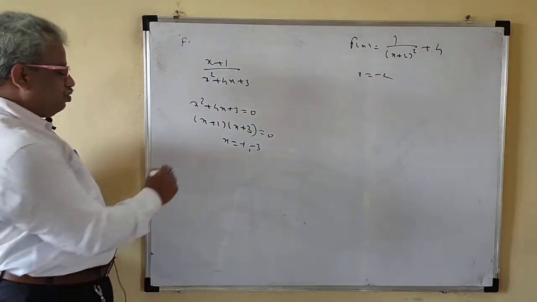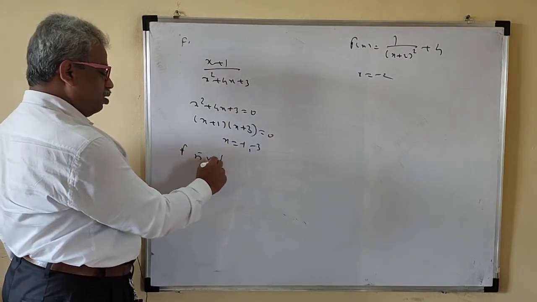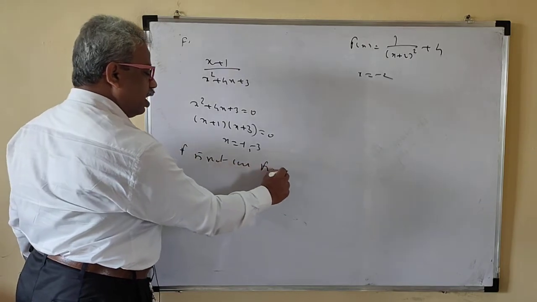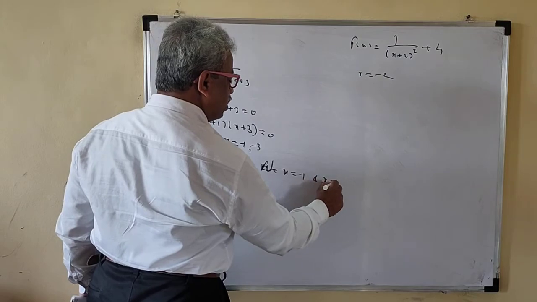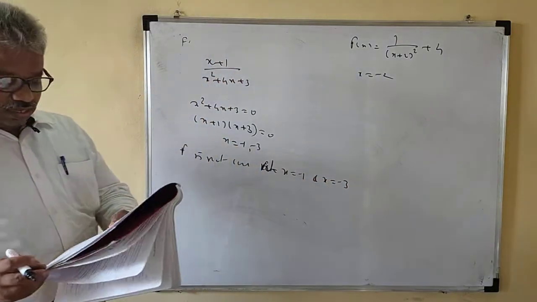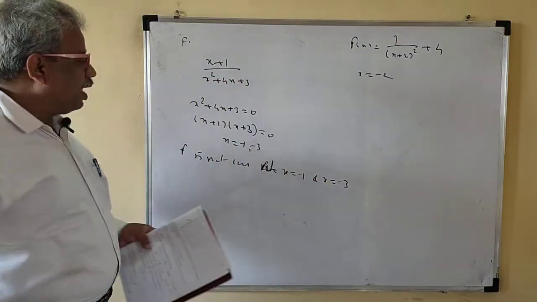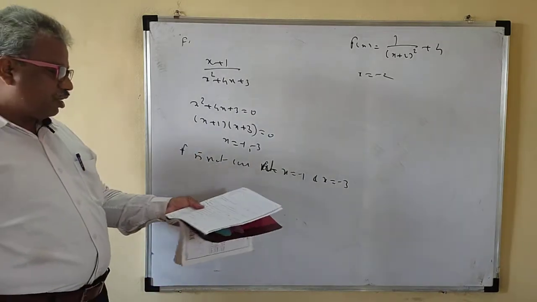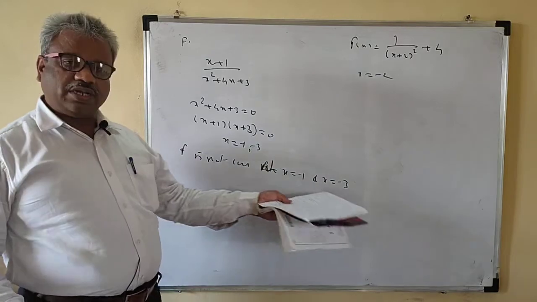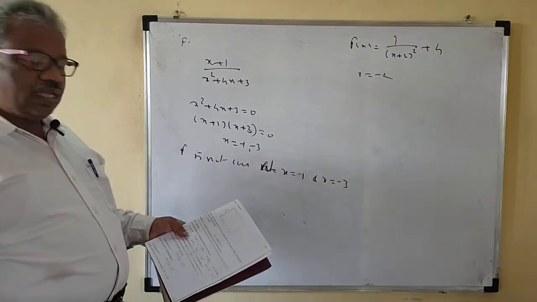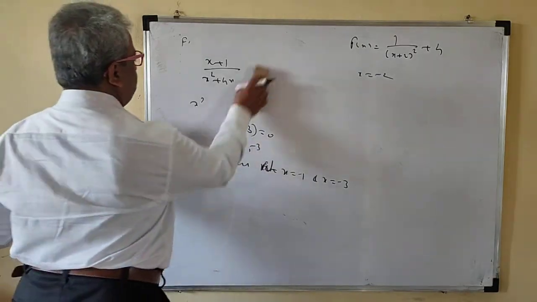So f is not continuous at x equal to minus 1 and x equal to minus 3. This is a rational function, and a rational function is discontinuous at the zeros of the denominator. So minus 1 and minus 3 are the zeros of the denominator, therefore it is not continuous at x equal to minus 1 and x equal to minus 3.